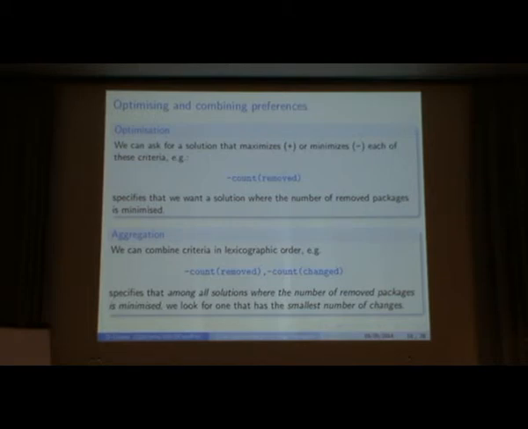This is what I wanted to have when I had this dead-end problem: you just get stuck. But it's very funny. Once you have a preference language, you start to play with it. For example, when you want to install your packages, you can take a paranoid approach, like the first preference there: don't remove anything and change as little as possible.